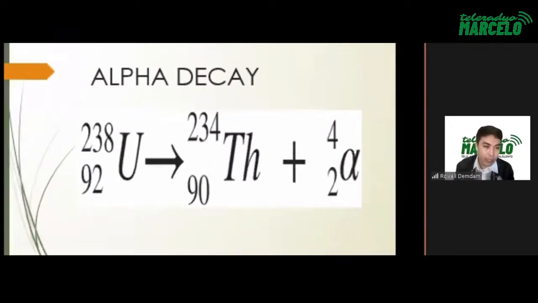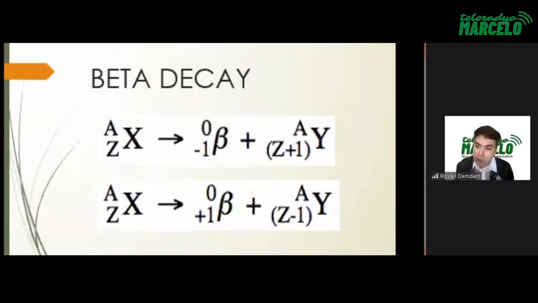So next we have the process of beta decay. Beta decay is another type of radioactive decay in which the parent nucleus emits high energy electrons. Either it could be a beta positive or a beta negative particle. In this case, the mass of the daughter nucleus remains the same, but the daughter nucleus will form a different element. So let's have an example for beta.